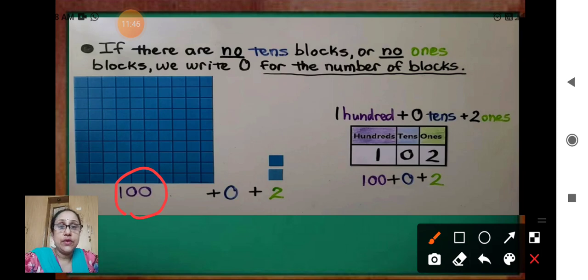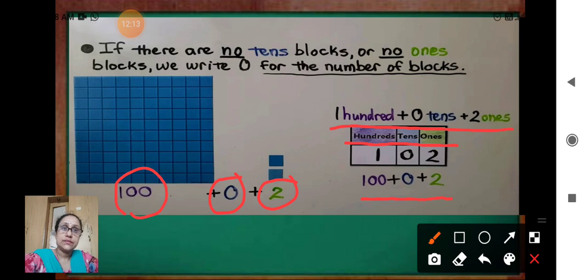Correct? So we will write 0 here. And in the ones place 1, 2. So 2. We can write like this, 100 plus 0 tens plus 2 ones. See in the hundreds, tens, ones, like here 102, or we can write 100 plus 0 plus 2.